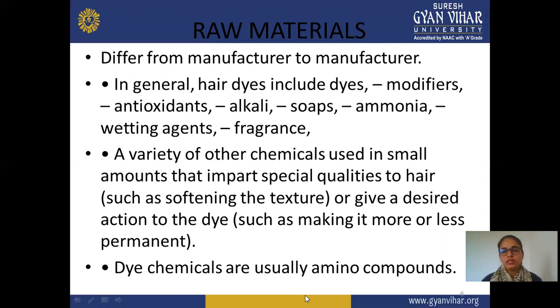Alkali is to maintain the particular pH of your dye, and soap produces somewhat of foaming or provides the washing effect. Next is ammonia, which helps provide proper dyeing. Wetting agent means when you are preparing the dye or solution, it can easily wet, absorb moisture, or solubilize easily. Next is fragrance.